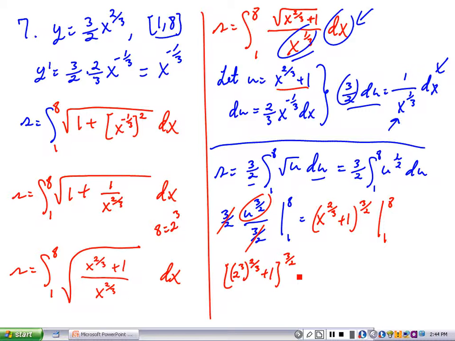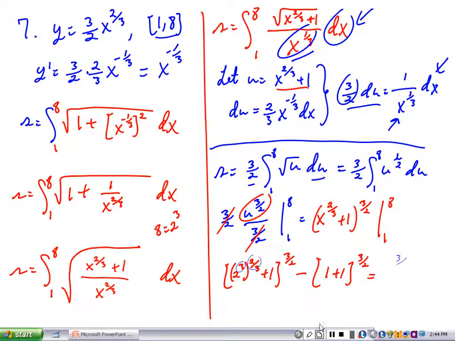Now we evaluate this at the 1, so this is minus 1 plus 1 raised to the 3/2 power. So this gives me this first part, this 3 times the 2/3, the 3's cancel out, you have left 2 to the 2nd, so I get 4 plus 1, which is 5, raised to the 3/2.